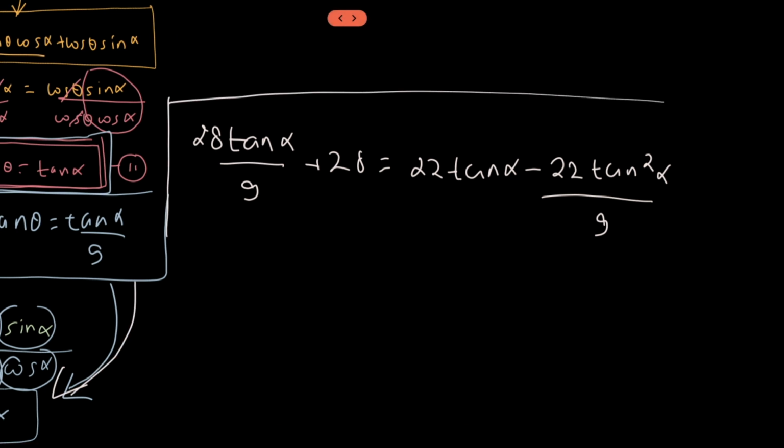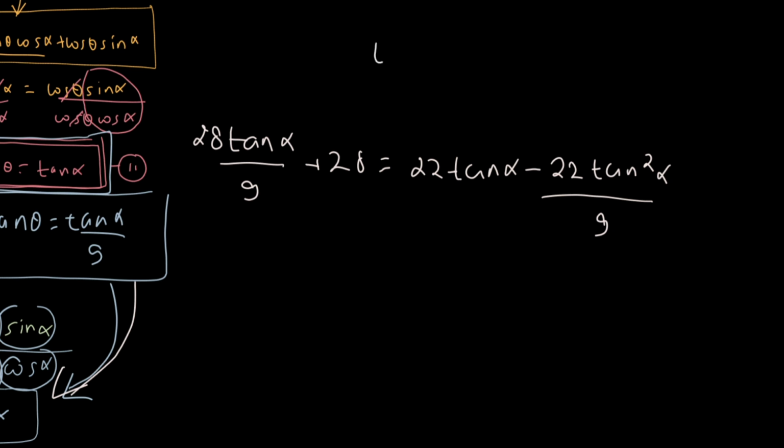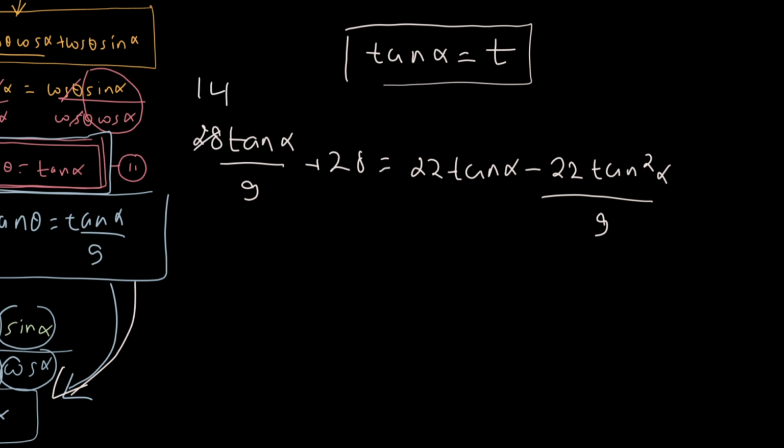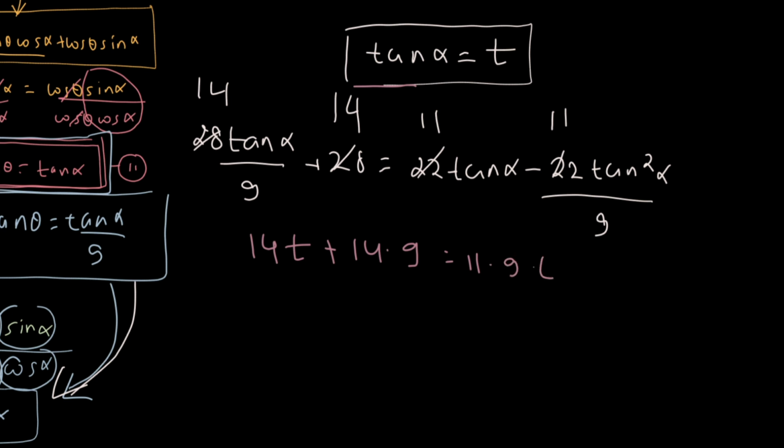Okay, now here I will do two things. First of all, I will take tan alpha as a variable equals to t, and the second thing, we can see that from the table of 2 it goes 14, it also goes 14, it goes 11, and it goes 11. So let us simplify this thing further. So after replacing tan alpha as t, we will get 14 times t plus 14 times 9 is equals to 11 times 9 times t minus 11 times t square.